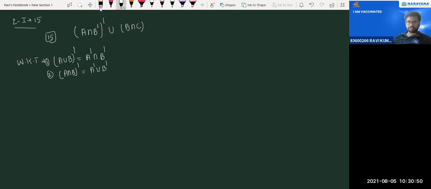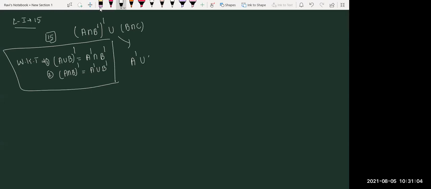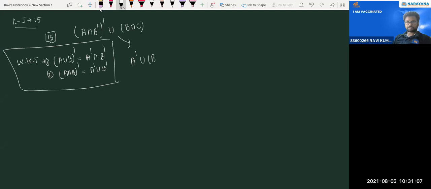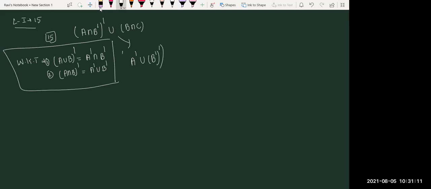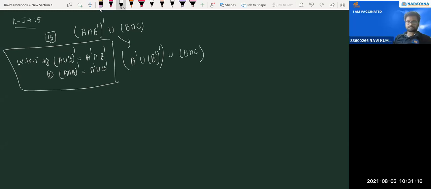Understand this point, everyone. These are formulas actually. Now tell me how to write the given question. A complement union B complement union. Again complement, sir. Now, what is the value of A complement whole complement?